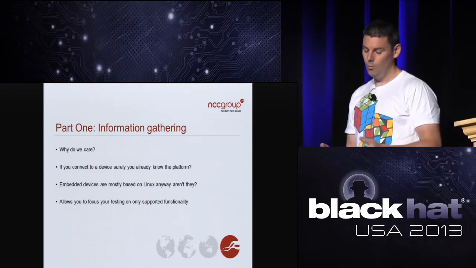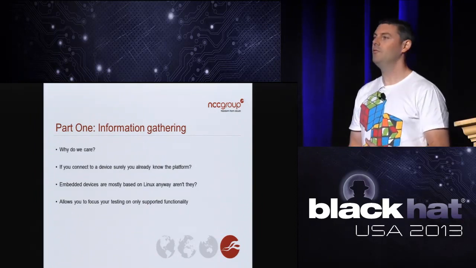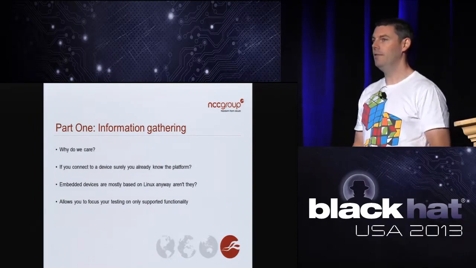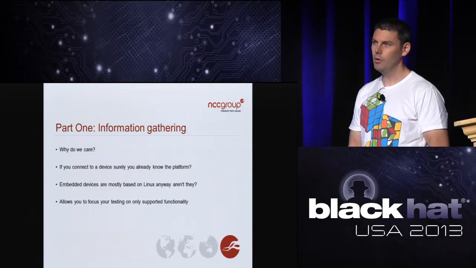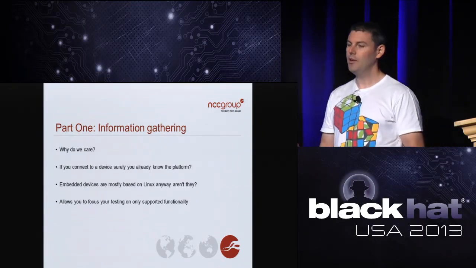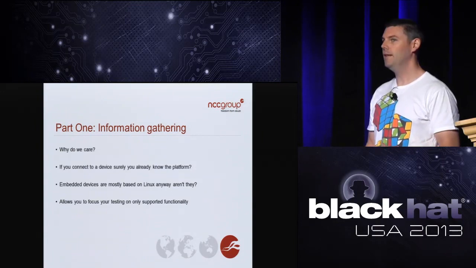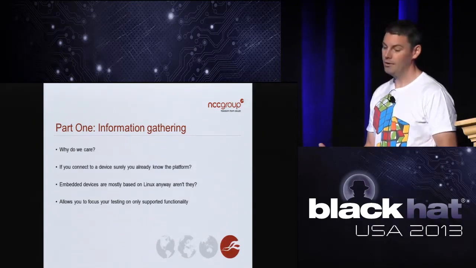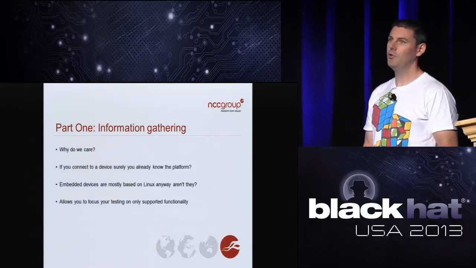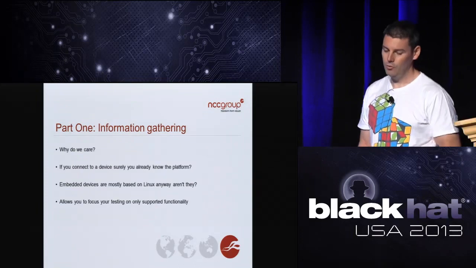And we want to gather as much information about what the system is within that box to enable us to test it much more effectively and in a much more streamlined way. As you'll see, when you're testing USB, it's a much slower process than if you're testing something like a network stack. So to be able to really focus your testing in the right area saves you an awful lot of time.